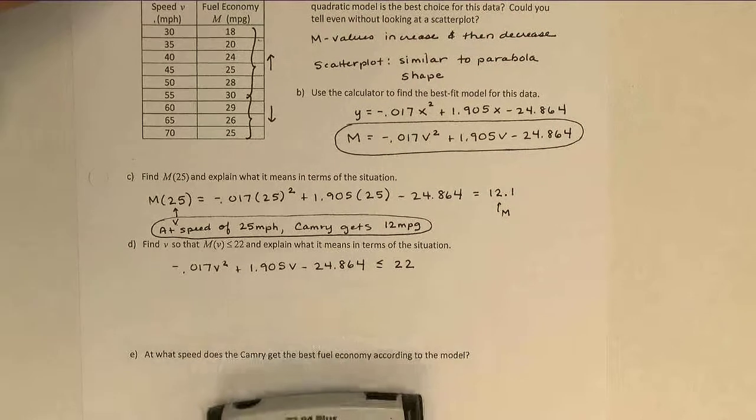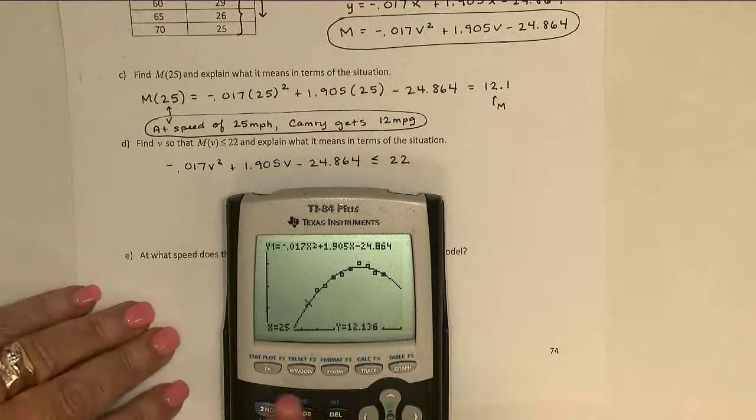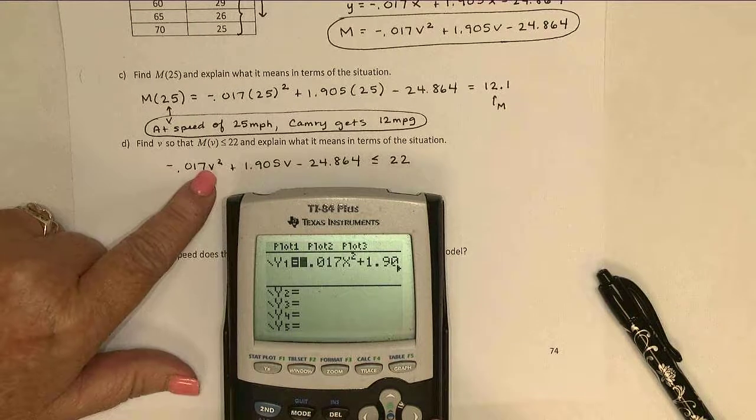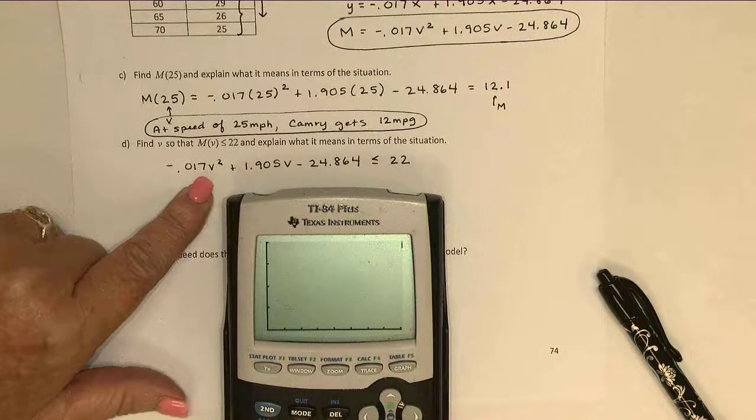Once again, I'll use my calculator to help me out here. In my y equals, I'm going to turn the plot off. I don't really need to see the points anymore. I really only need to see the model. So that's the left-hand side, and then I'll put the 22 in for the right-hand side. And let's graph those.